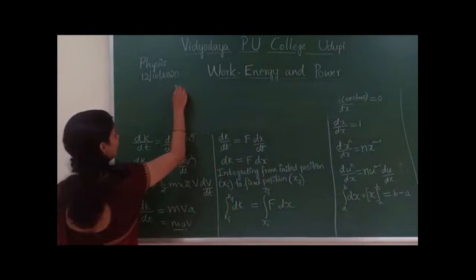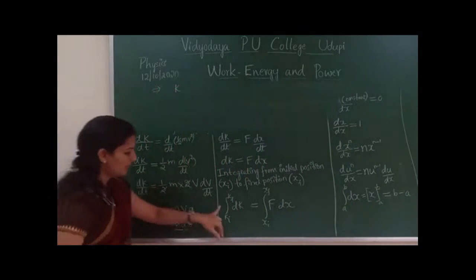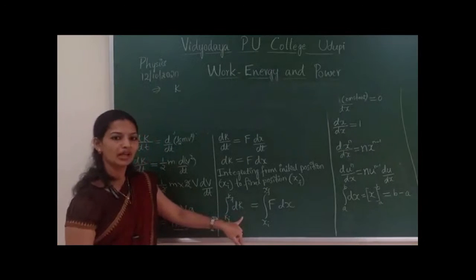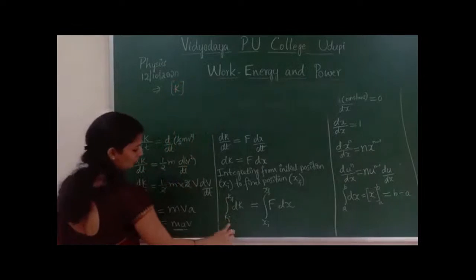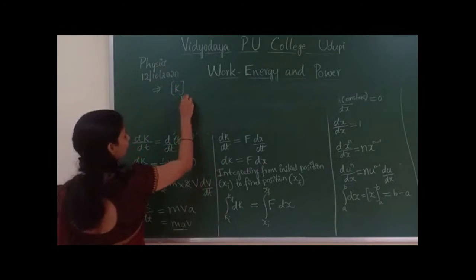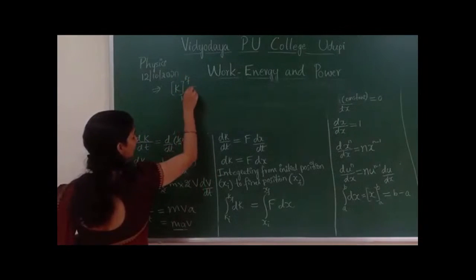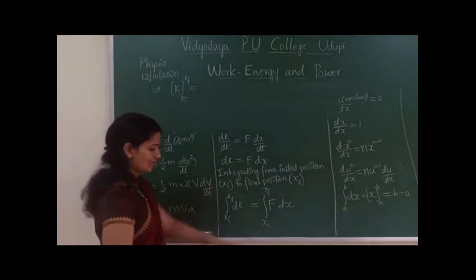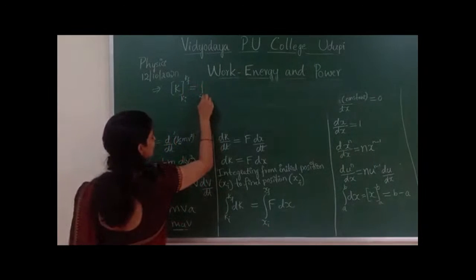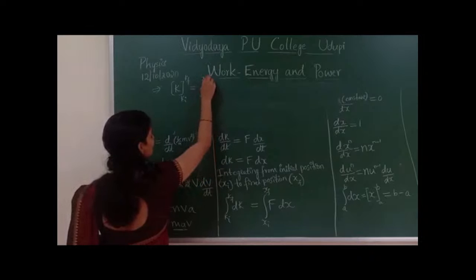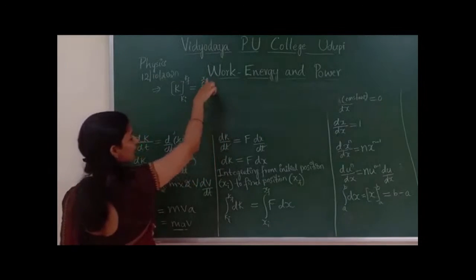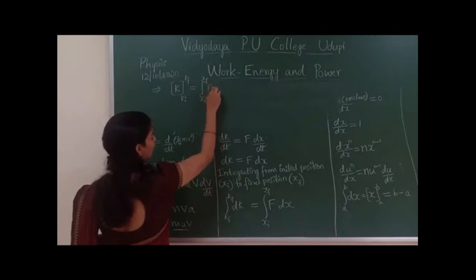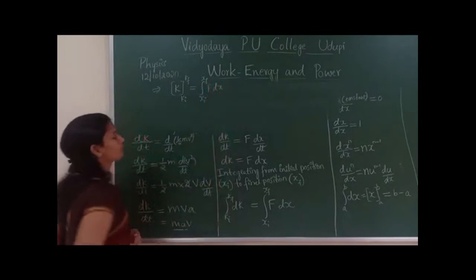Likewise, here it is K. The integration of dK means K, and between the limits Ki and Kf, which is equal to, right as it is, the integration between the limits xi to xf of F dx.